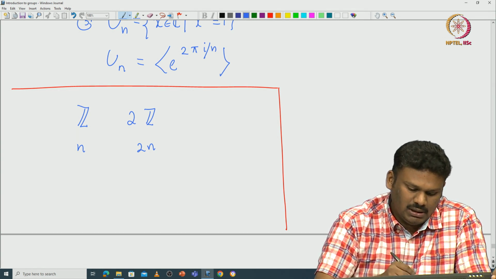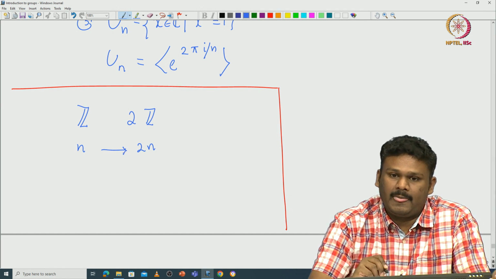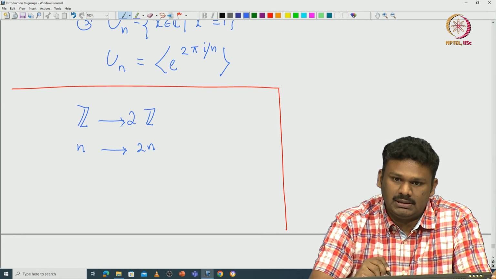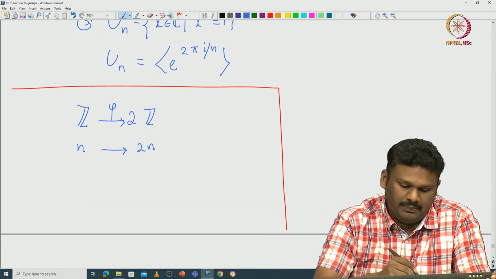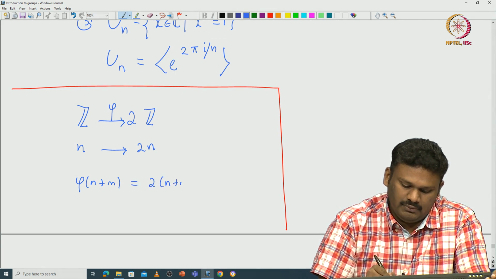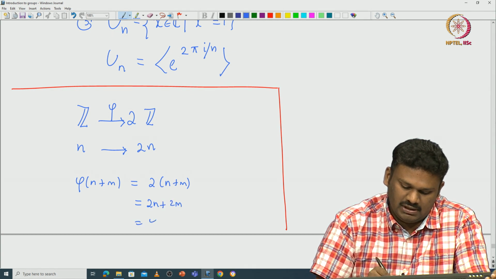So, that means this n goes to 2n, it defines a map, and that map preserves group laws. For example, if you call this map phi, then phi of (n plus m) is the same as 2 times (n plus m), which is 2n plus 2m, which is the same as phi of n plus phi of m.